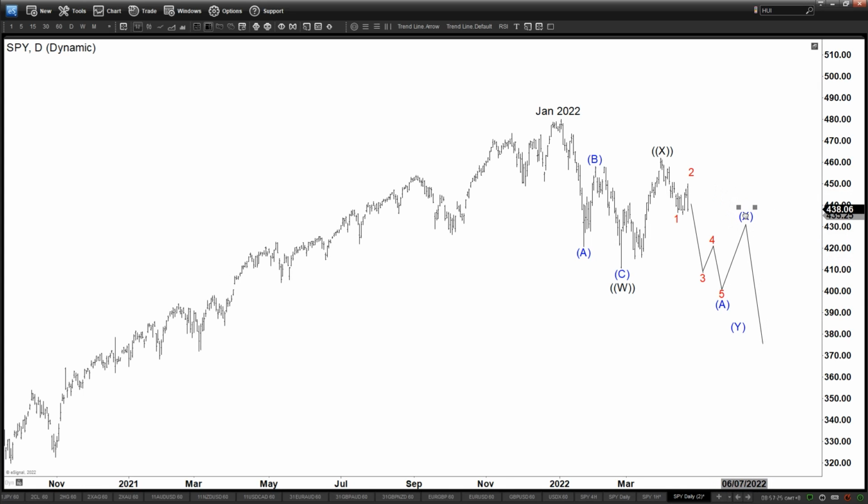It's just a different pattern or different path that it takes.